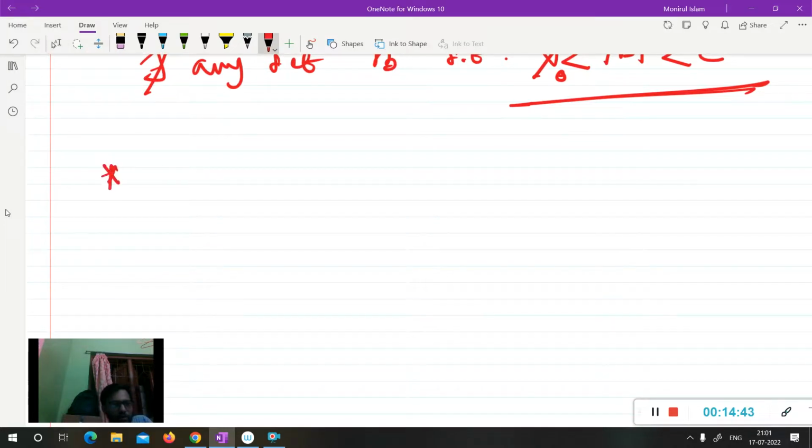There are also some important results on sums. If you consider the cardinality of the natural numbers, this is aleph naught.